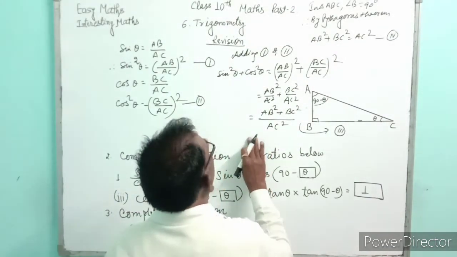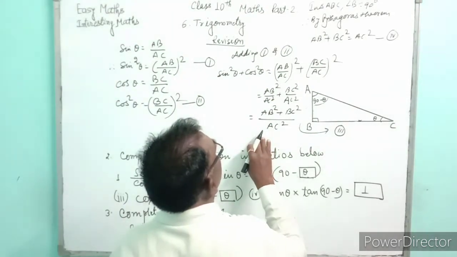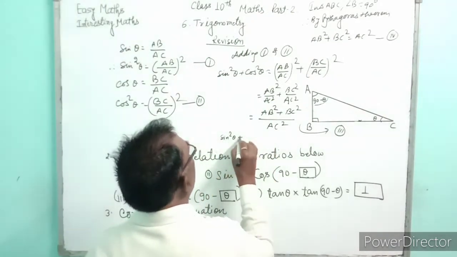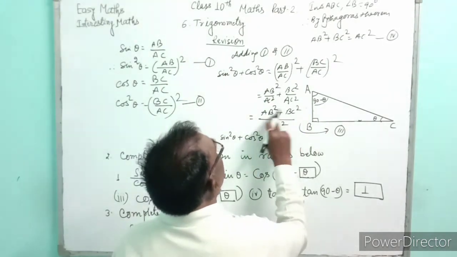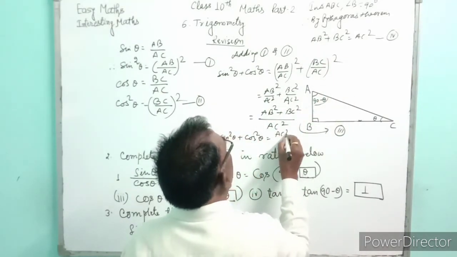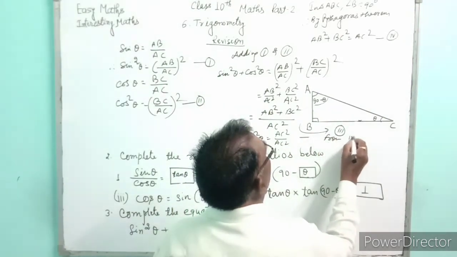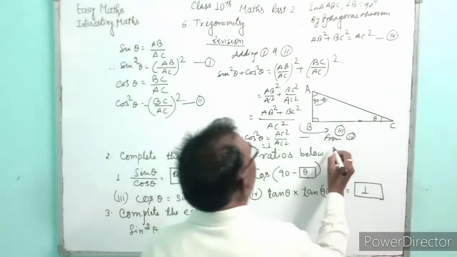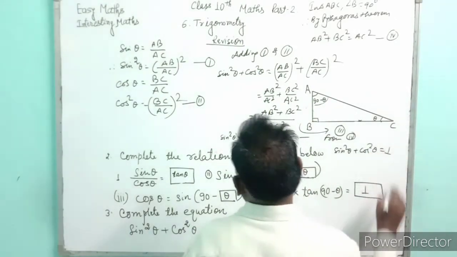Therefore sin square theta plus cos square theta is equal to AB square plus BC square upon AC square, which is AC square upon AC square. Here from 4 it is equal to 1. Therefore sin square theta plus cos square theta is equal to 1.